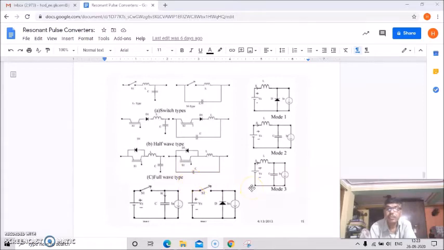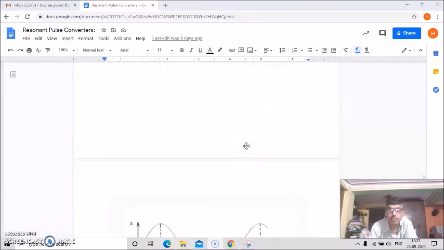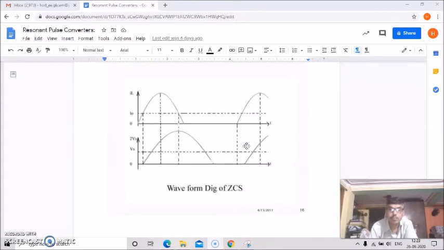And these are the different modes, mode 1, mode 2, mode 3, etc. The operational circuit diagrams are given. These are the waveforms of ZCS resonant converters.